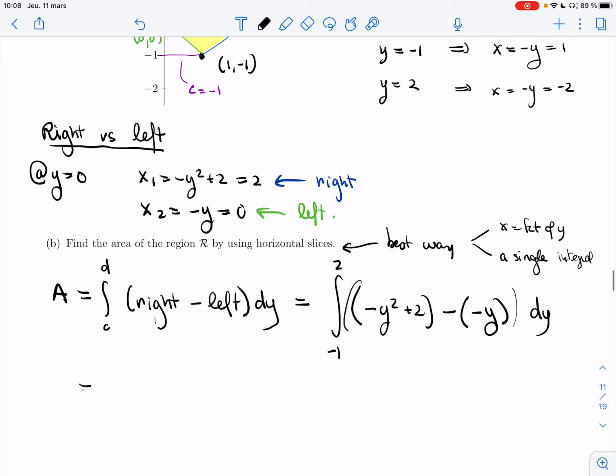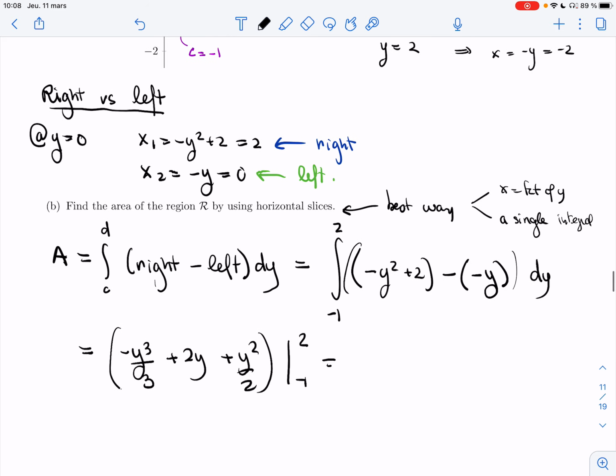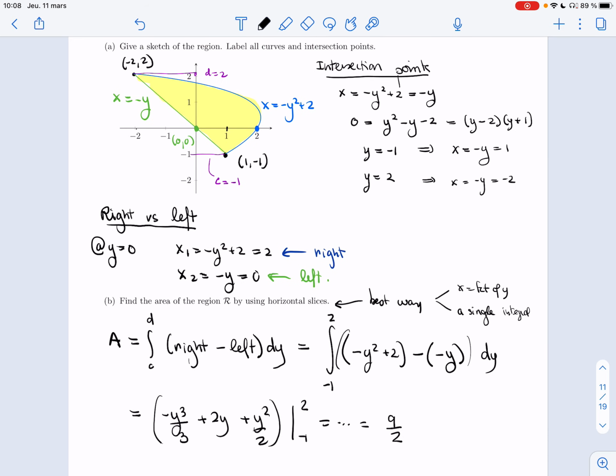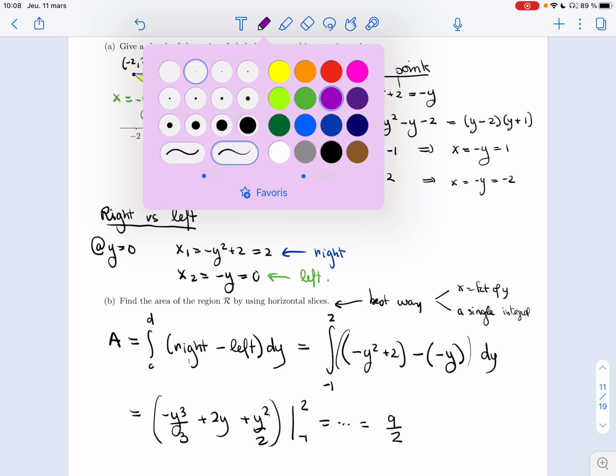If you integrate it, you'll get minus y cubed over 3 plus 2y plus y squared over 2, in which you'll plug in minus 1 and 2. I actually computed it and got 9/2. And that's the area of the region.